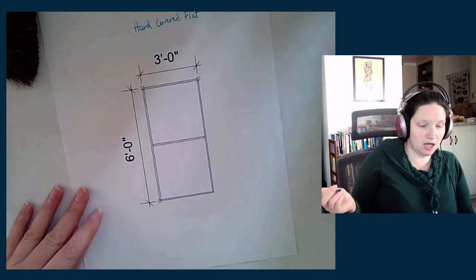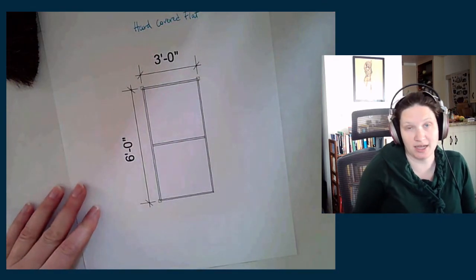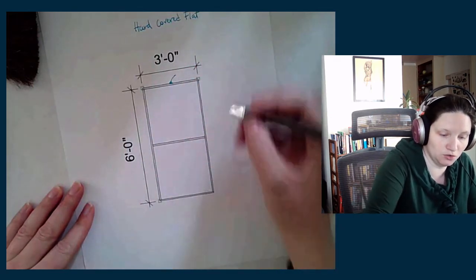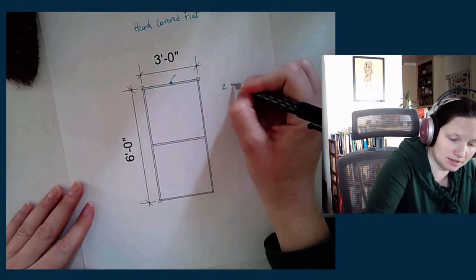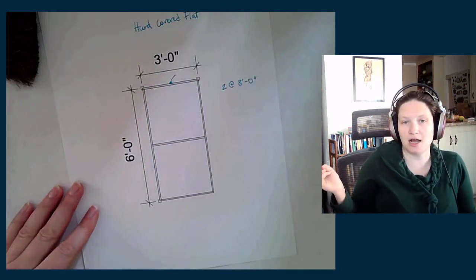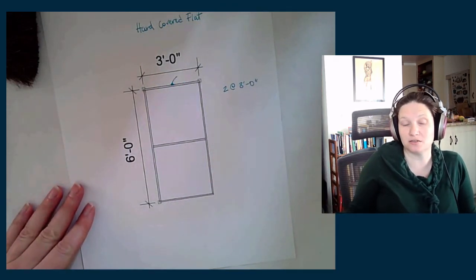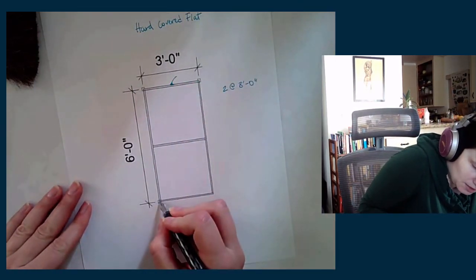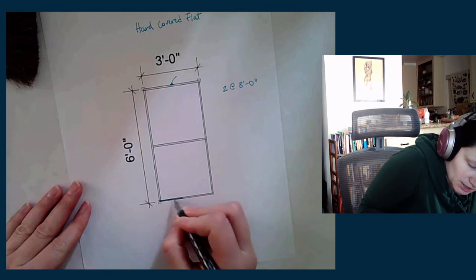Great. Let's start once again with our rails, right? So 2 at 3 foot, 0 inches. Great. And then we'll do our stiles. Now this time, you'll see, everything is on edge.